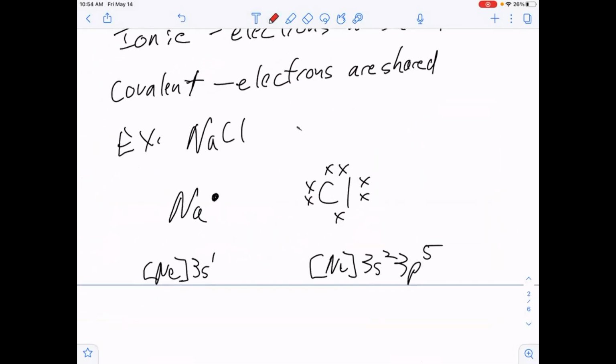You take the absolute value of the difference. So when I do that subtraction, I get 1.82. Those numbers came from Appendix O.